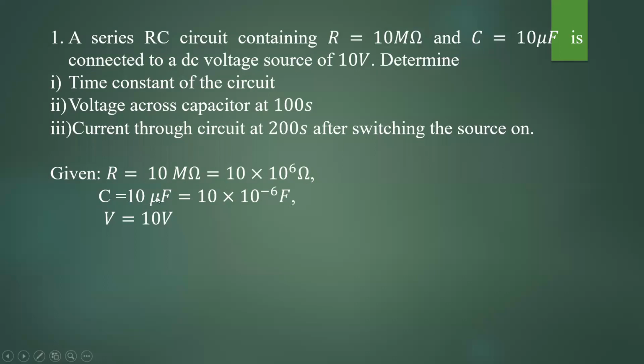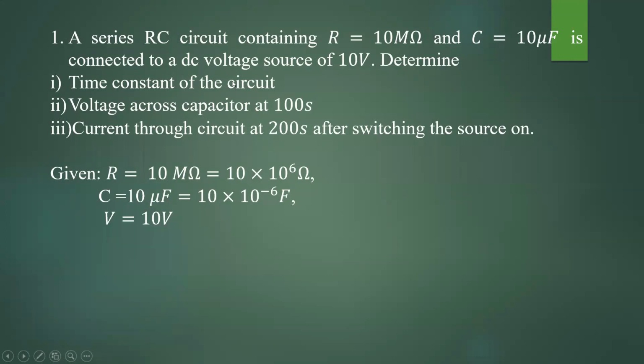Micro means 10 to the power minus 6, so it is 10 into 10 to the power minus 6 farad. You have to convert the given quantities in SI units: ohm is the SI unit of resistance, farad is the SI unit of capacitance. Then the voltage of the battery V is 10 volt. So three things they have given.